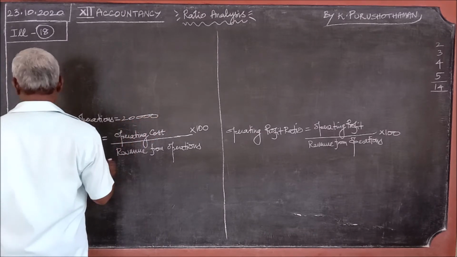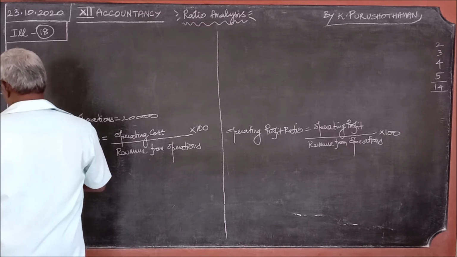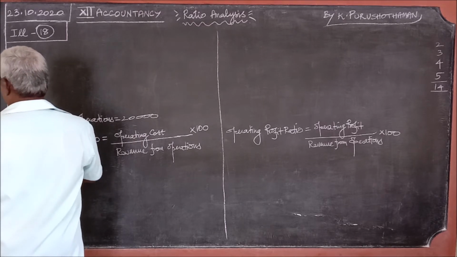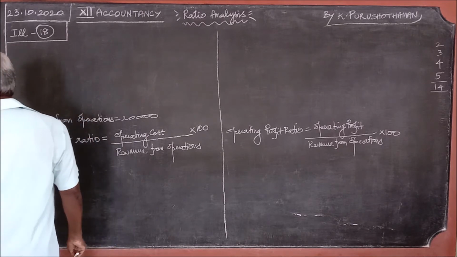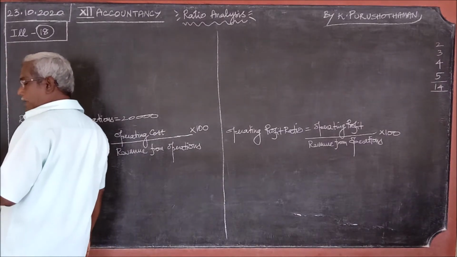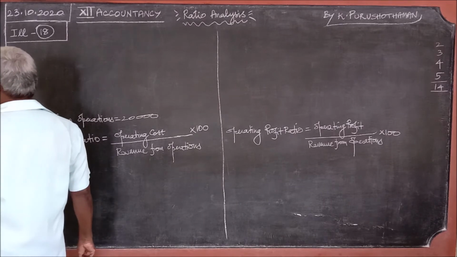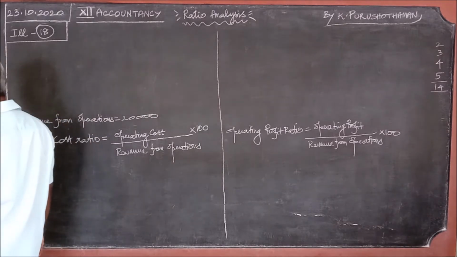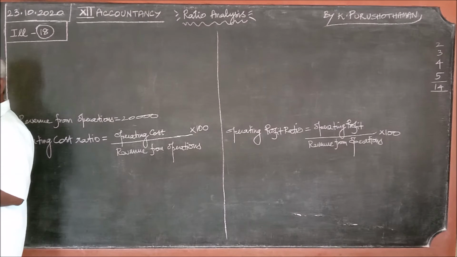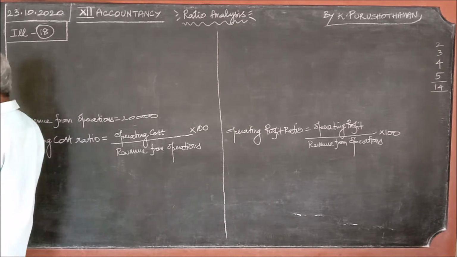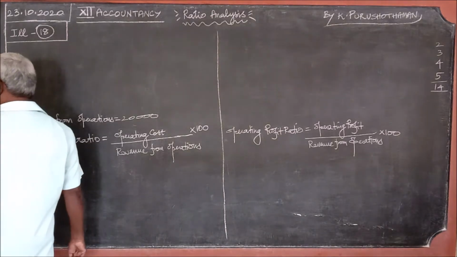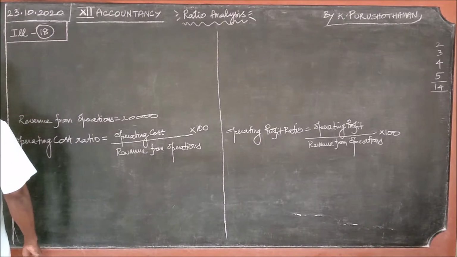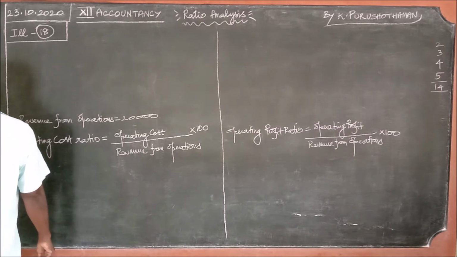But we will have to find the operating cost, which is not given straight away. How to find the operating cost? Operating cost consists of cost of revenue from operations plus operating expenses. Operating cost is equal to cost of revenue from operations plus operating expenses or other expenses.